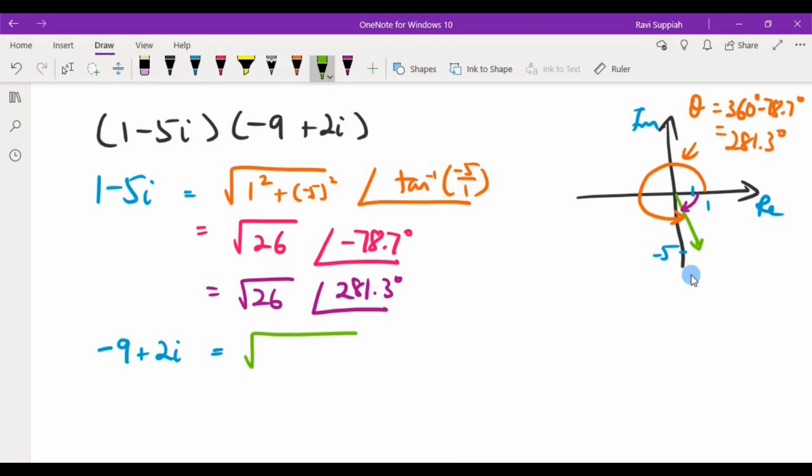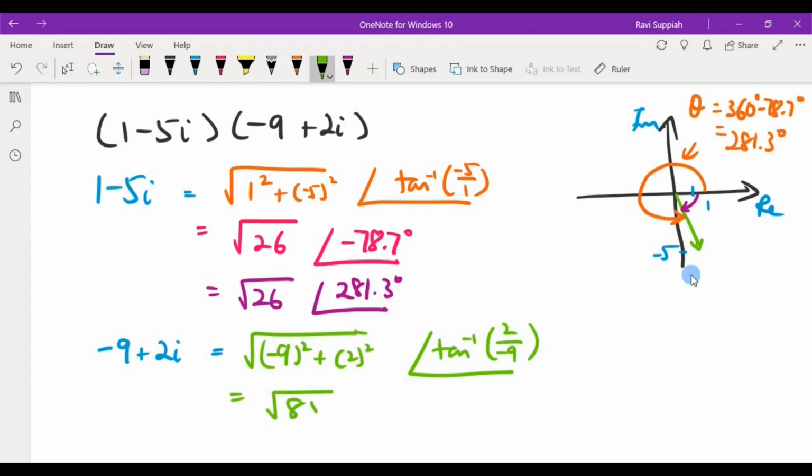So this will be minus 9 square plus 2 square, and the angle is inverse tangent of 2 over minus 9, which will be equals to, so over here will be square root 85, and if I key that in my calculator, 2 over minus 9, I do an inverse tangent, I'll get negative 12.5 degrees.